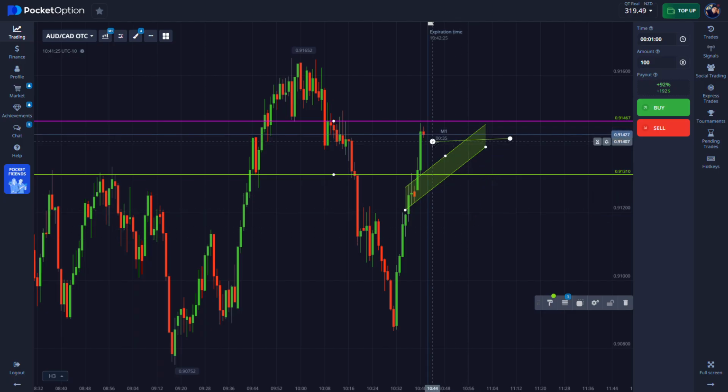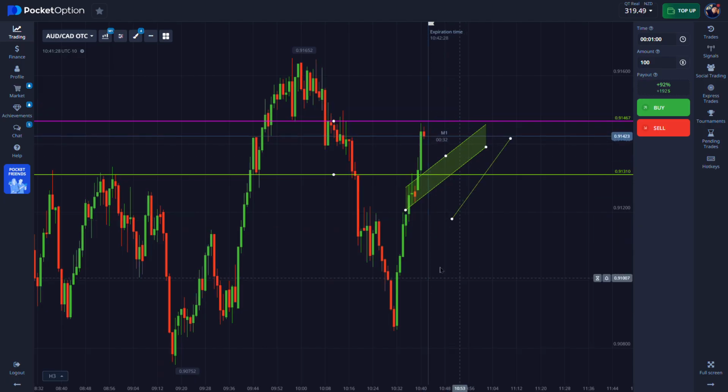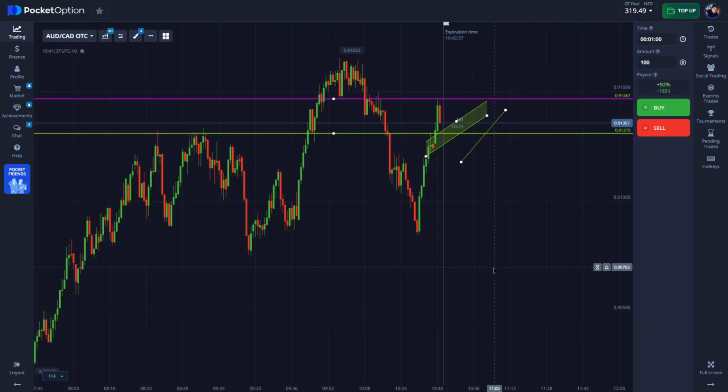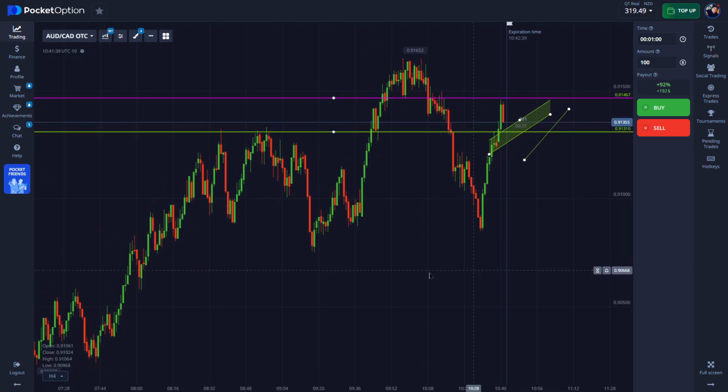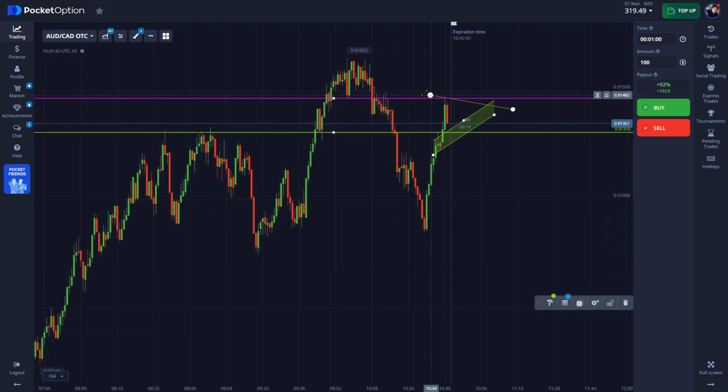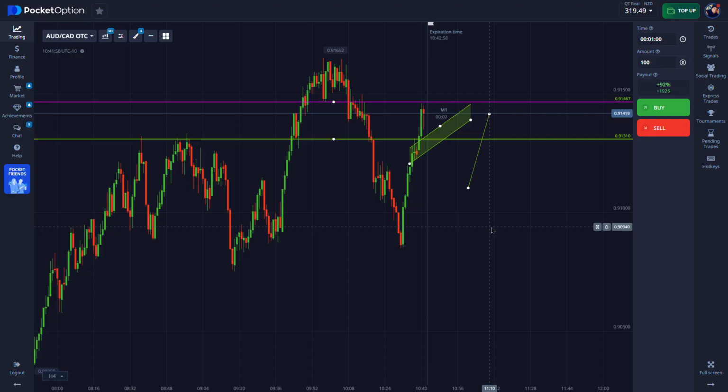Tell you what, if that breaks the high, it's starting to go into correction phase. Couldn't break previous high, the potential for it to come down. I'm going to take the candle and go up.